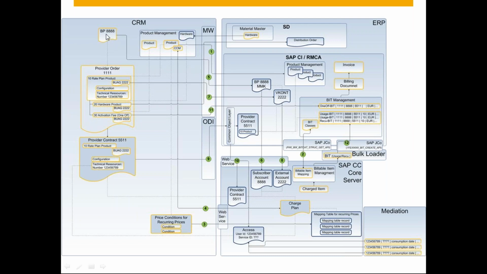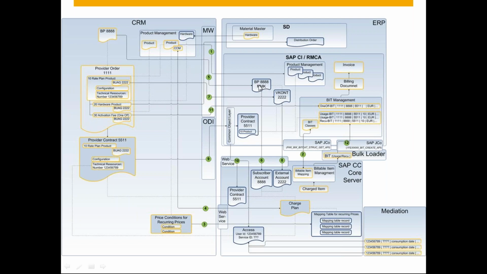This business partner is sent to the ECC system as BP 8888, and this business partner should have the role MKK. Here it is given wrongly as MMK. It has to be MKK. MKK means contract partner role.